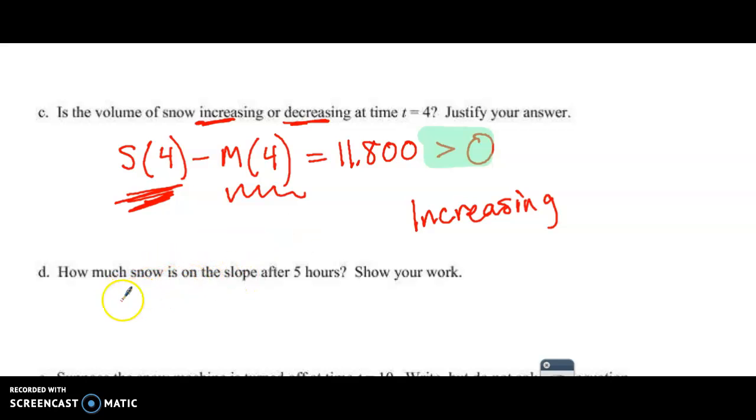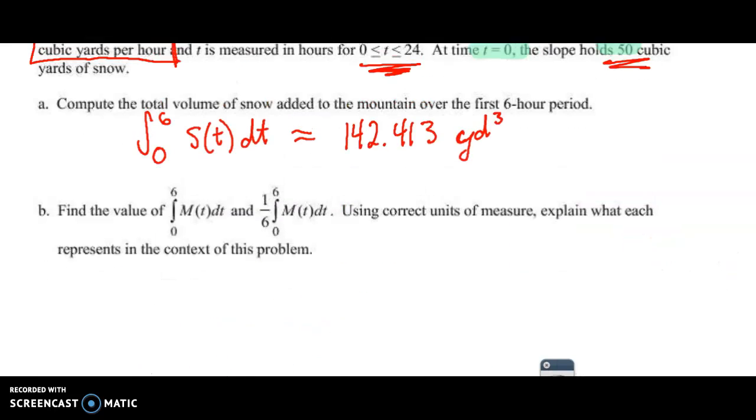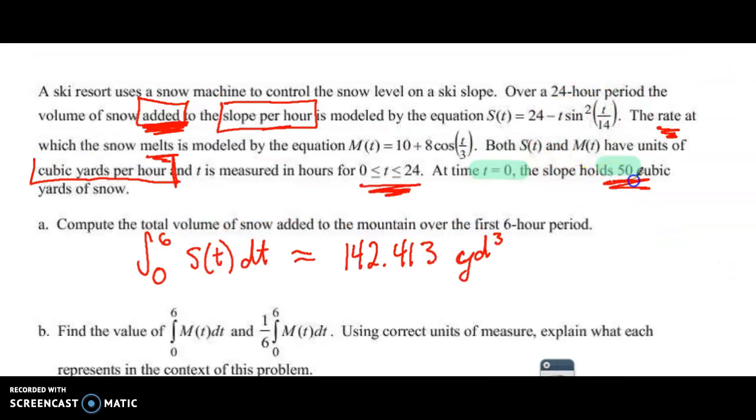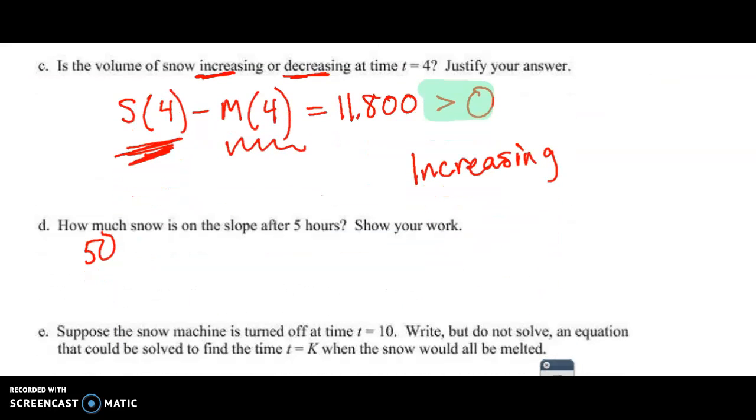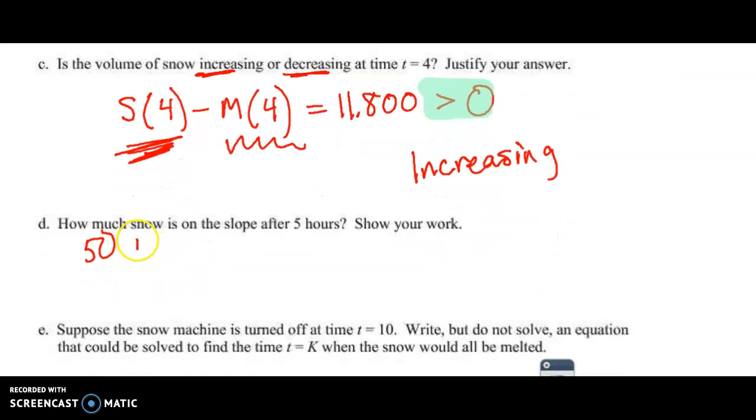Okay. If you notice in that formula, it talked about the starting amount, I think it was 50 in the problem, wasn't it? We had 50 cubic yards of snow at the beginning. We're going to add to it the snow that was added from 0 to 5 of S of t. And then we have to take away, now you could rewrite that integral if you want, or you can just write minus M of t dt.